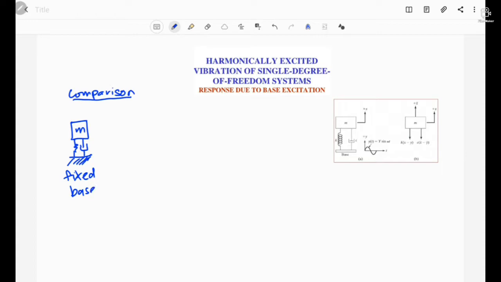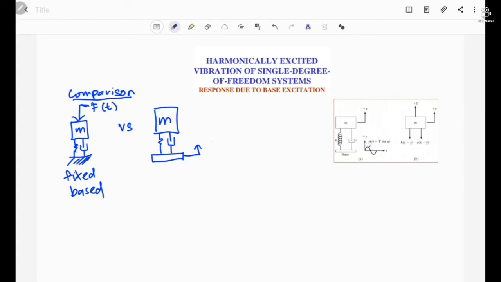That means the base or the support does not move, so you have the harmonically excited input F(t) on the mass, or at the top of the mass in this figure. Compared to this problem, where you have your input from the bottom of the spring and damper, in other words from the support or from the base.